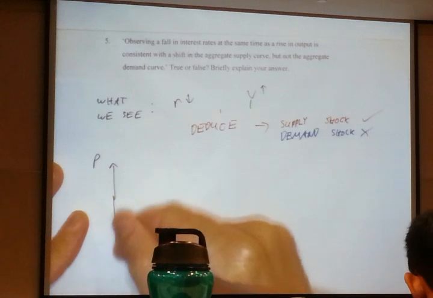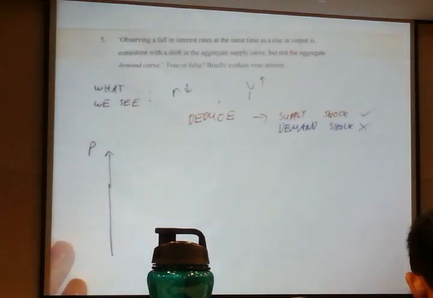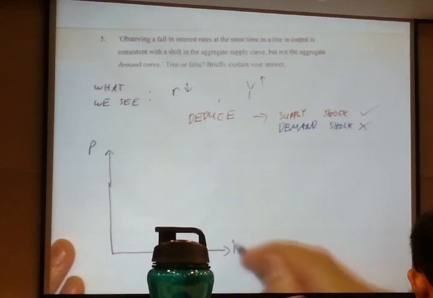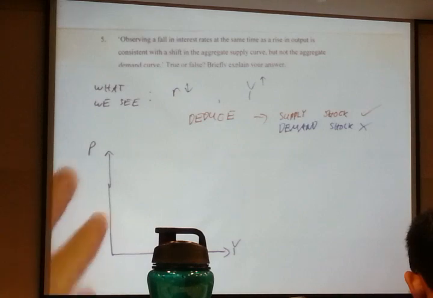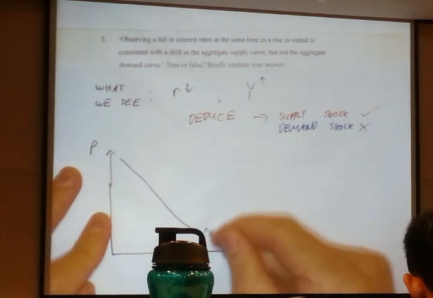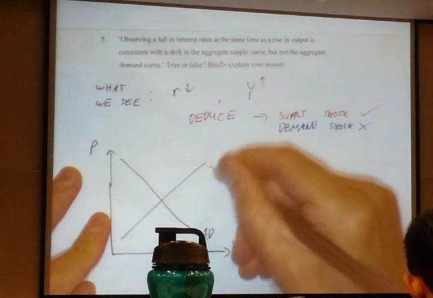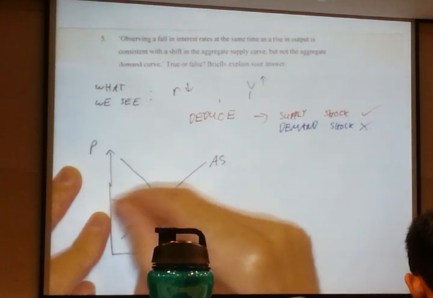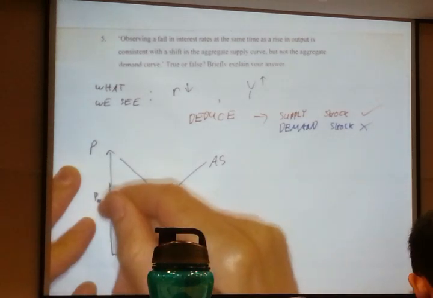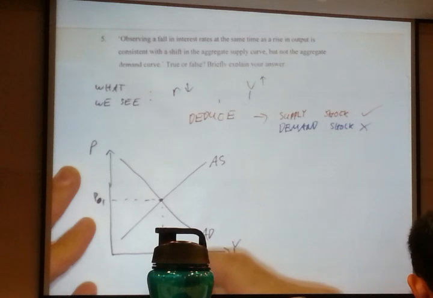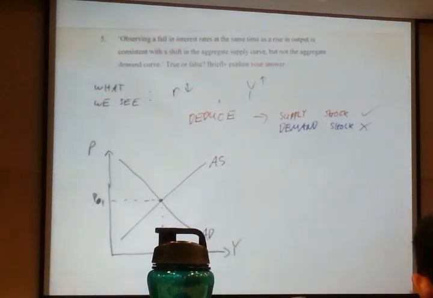Well, you do well, of course, to start with the correct diagram. As the question talks about aggregate demand and aggregate supply, we would need an aggregate supply, aggregate demand diagram for certain. Let's say P1. We need, though, the IS-LM diagram as well, because the question is asking us about interest rates.